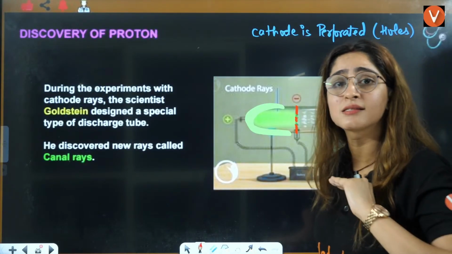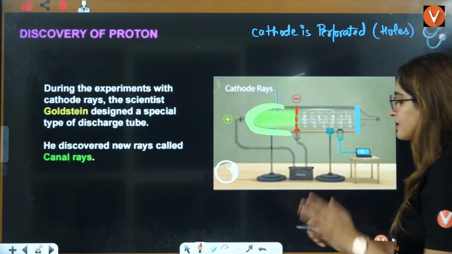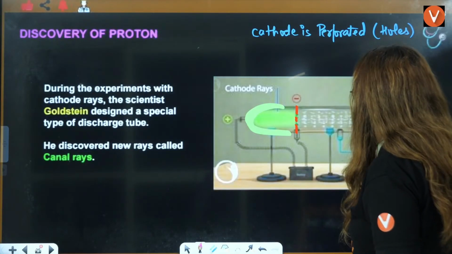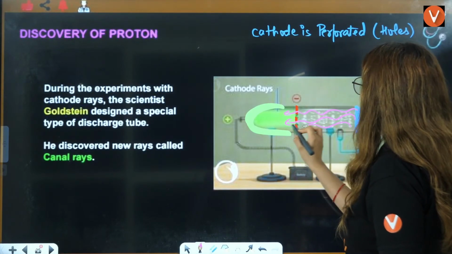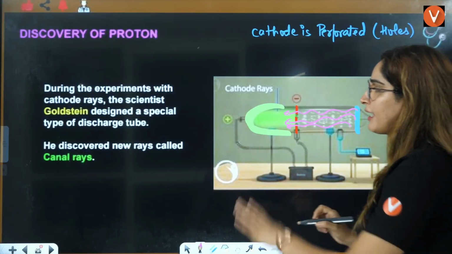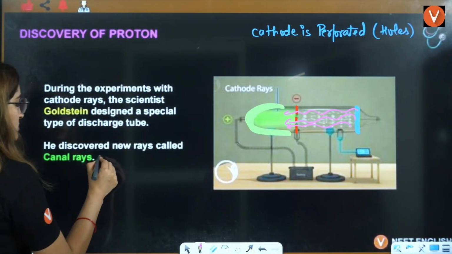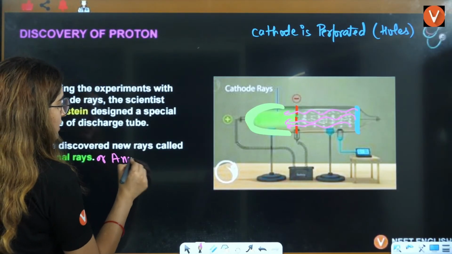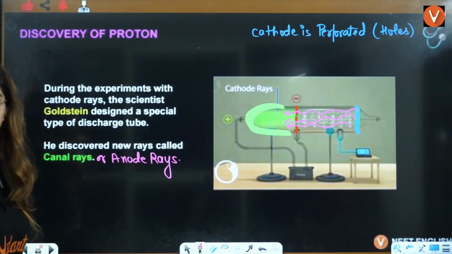Everything else is the same. Now they observed that some rays are also coming out of this anode, and he called these rays anode rays or canal rays, because they were coming out of the anode.